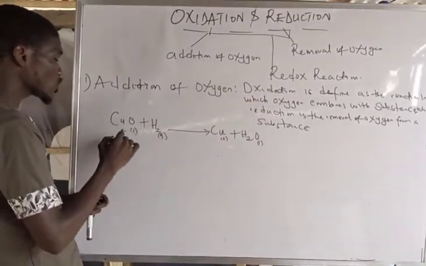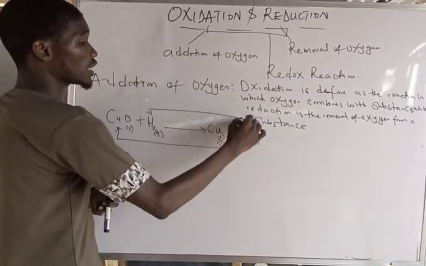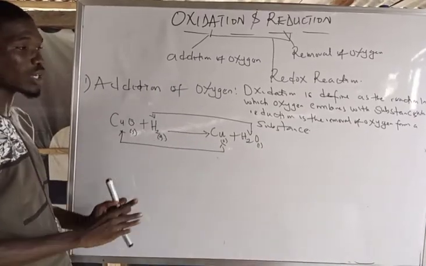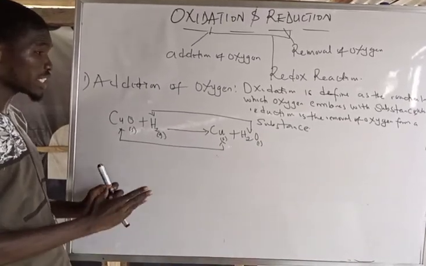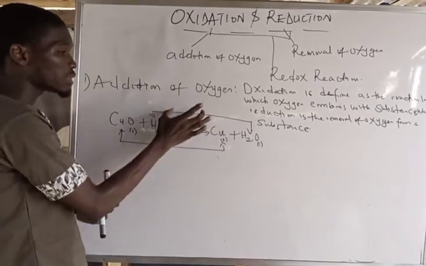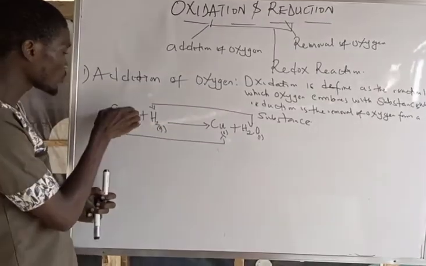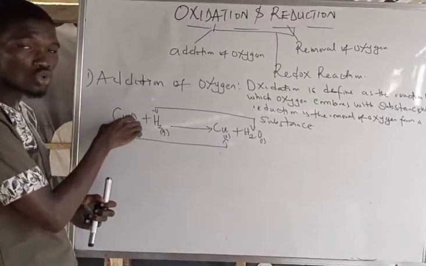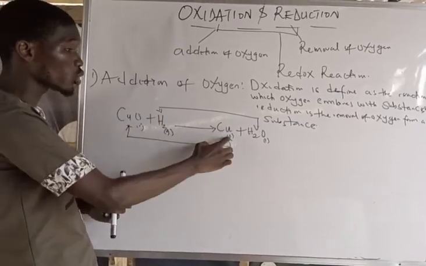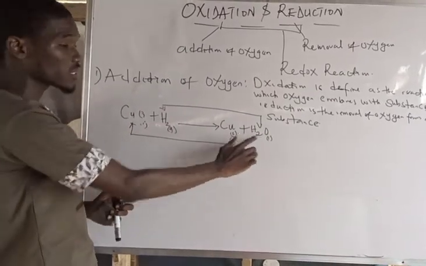Looking at these two arrows, with the knowledge of that definition, is the arrow at the top oxidation or reduction? Reduction. The copper 2 oxide here is being reduced to copper, while the hydrogen gas here is being oxidized to water.